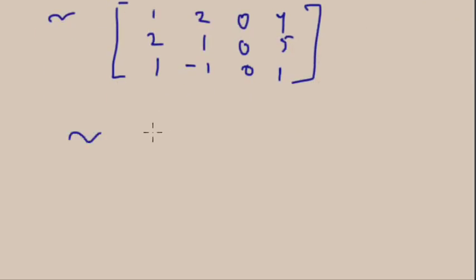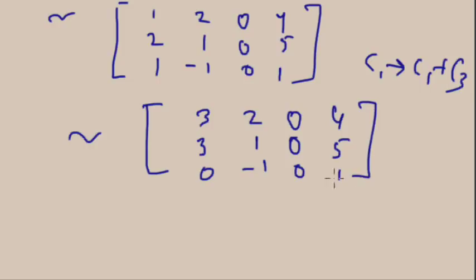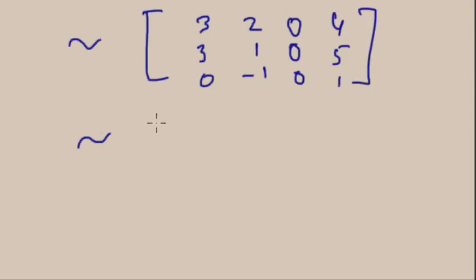Now add C1 plus C3 in C1. So [3 3 0; 2 1 minus 1; 0 0 0; 4 5 1]. So now you are required to find out the rank of a 3 by 3 matrix from this.